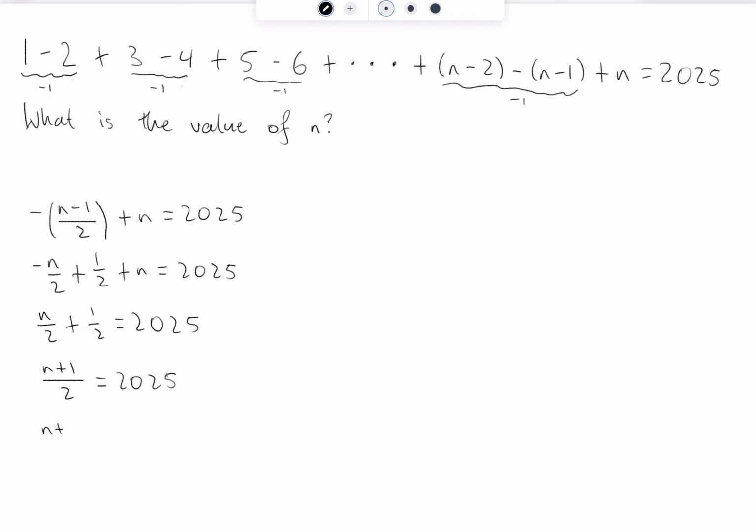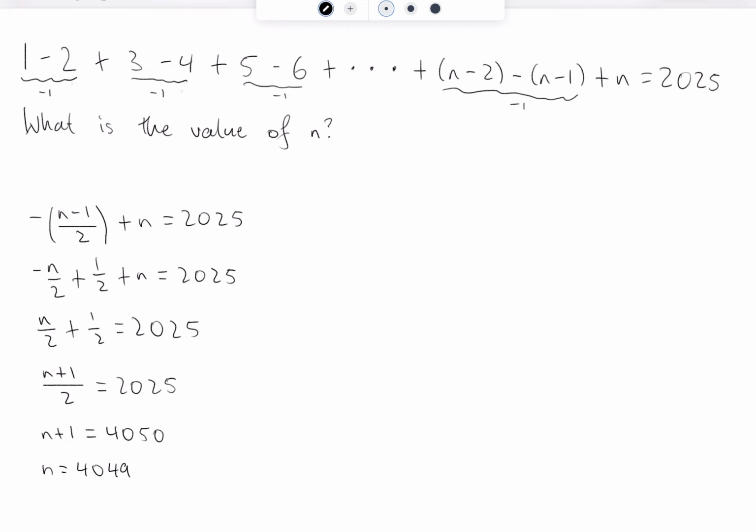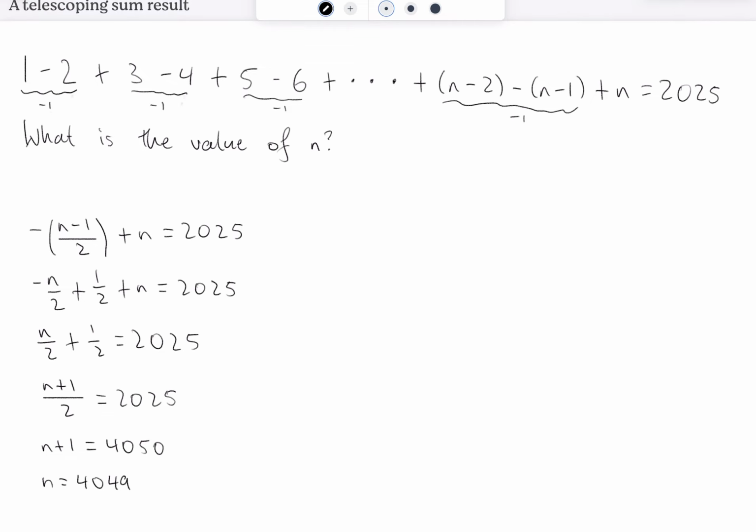Multiplying both sides of this equation by 2 gives us n plus 1 equals 4050, forcing n to be the value of 4049. So that's the value of n here.